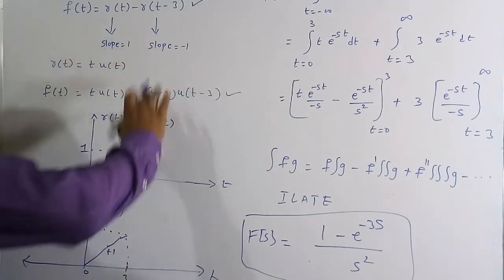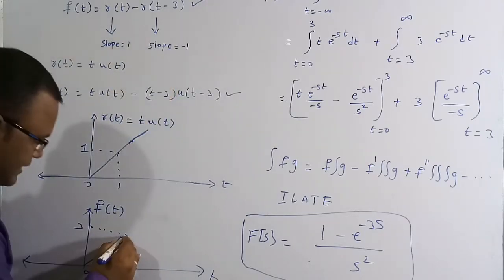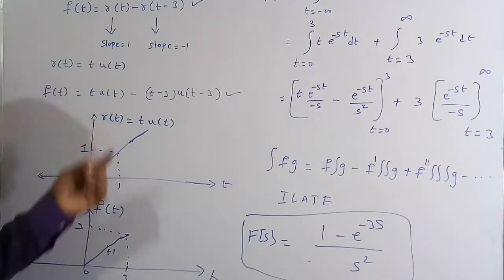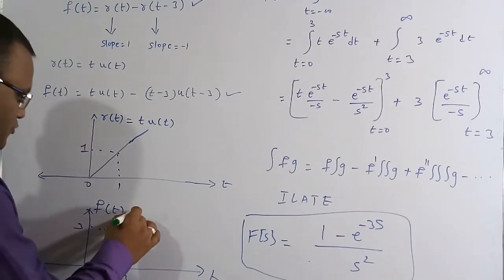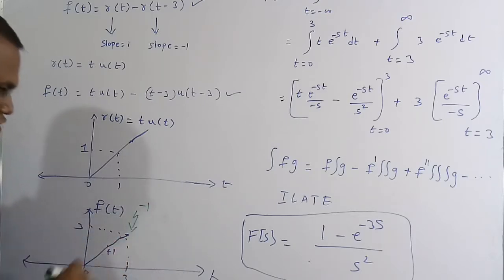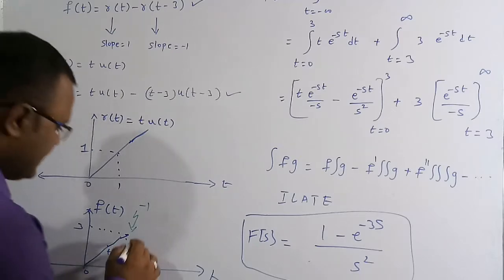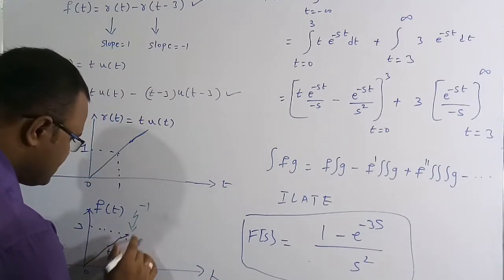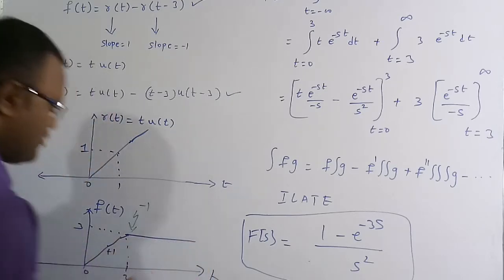Now I need to add a slope of minus 1 from here. So the initial slope is plus 1, and adding minus 1 makes it 0. Plus 1 and minus 1 become 0, so it will be a straight line. The slope of a straight line is 0, so you have to draw a straight line.